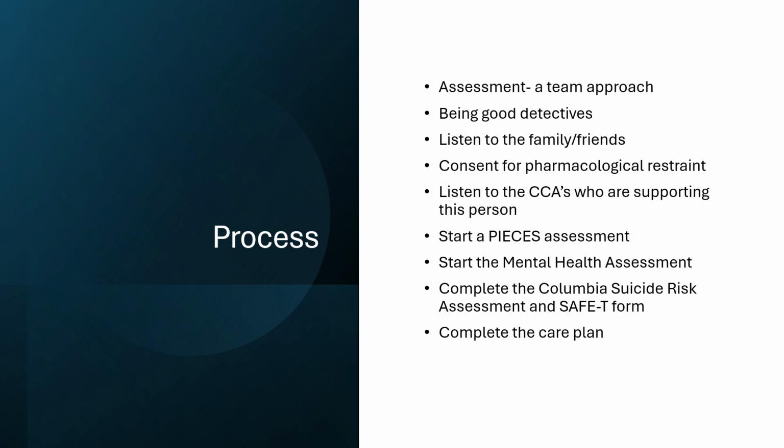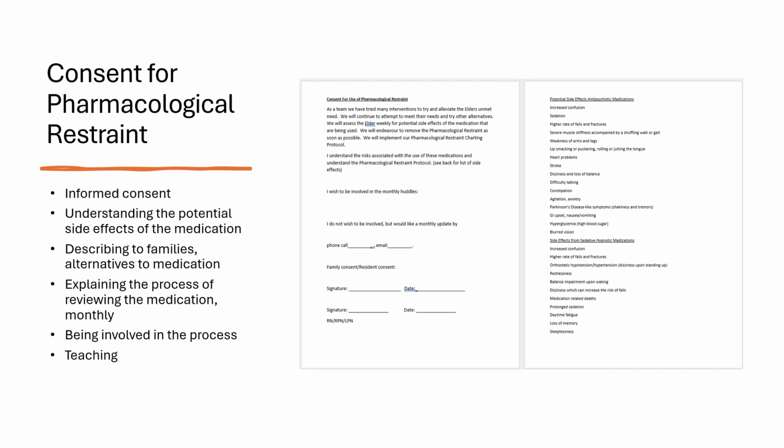It really pinpoints what's happening for the resident. We will also start a mental health assessment. We will ensure that we complete the Columbia Suicide Risk Assessment and Safety Form if that's necessary, and complete the care plan for the resident. So I want to talk first about the consent for pharmacological restraints.